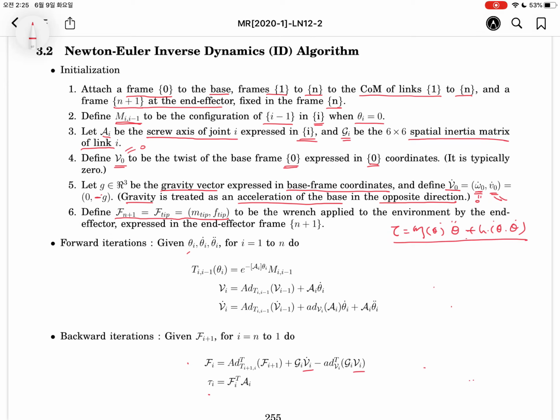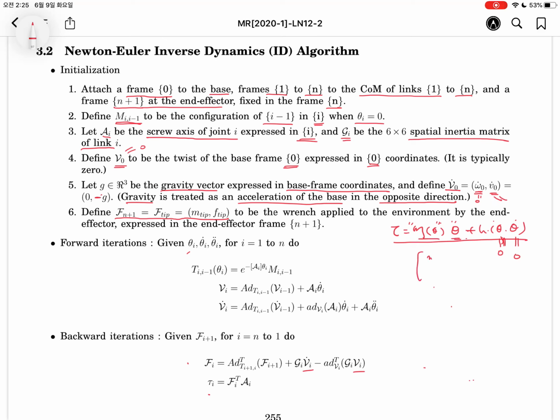Okay, so in order to obtain the inertia matrix, not vector, we will apply 0 theta and 0 theta dot. Okay, this is the matrix. This is the vector.